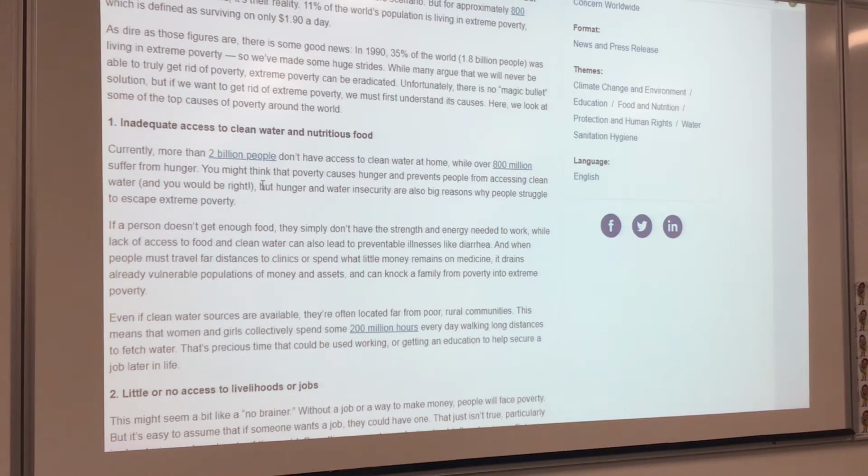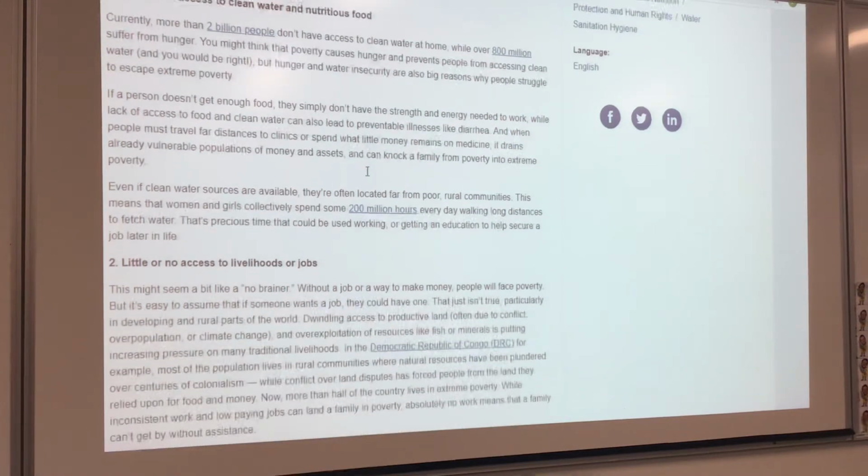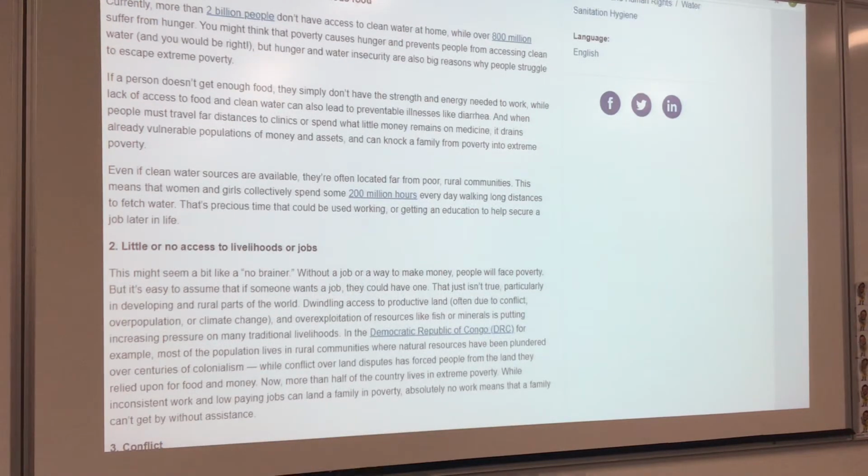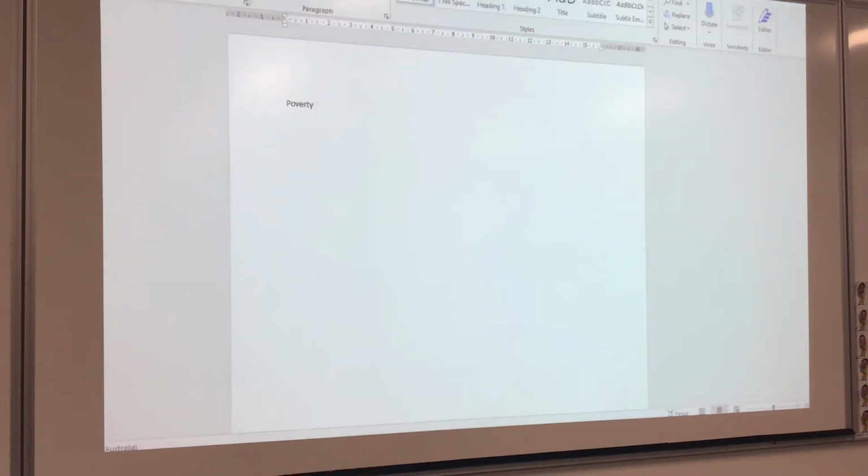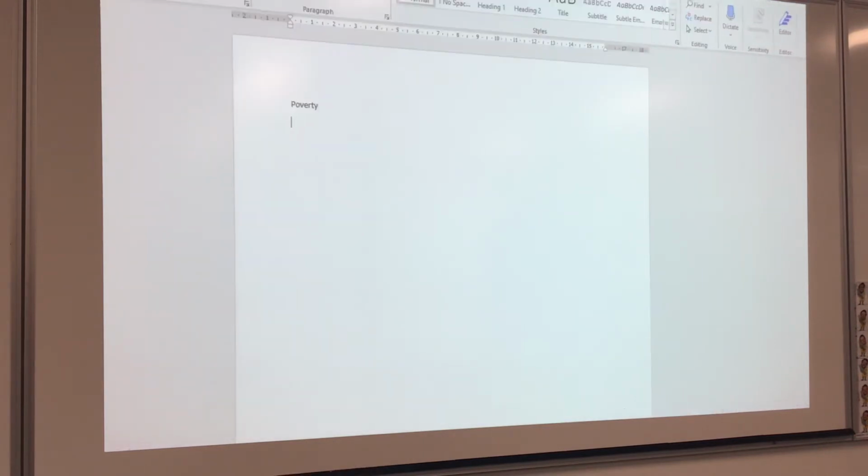Okay. Couple of things. One of the reasons why people are in poverty is because they have inadequate access to clean water and nutritious food. So in my notes section here, actually, we could do some split screen. I know you guys know how to do that on your iPads.